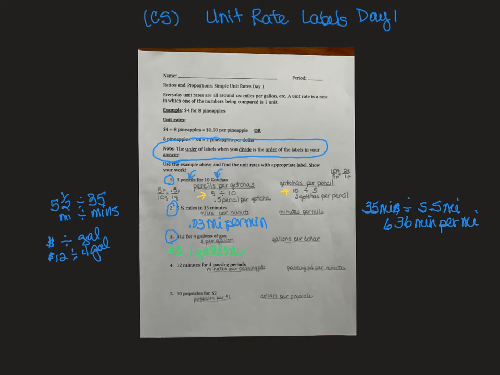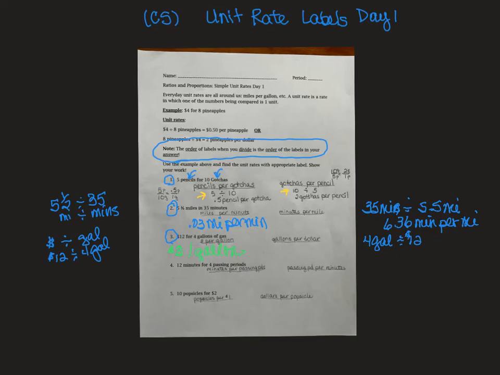If I want gallons per dollar, if I just have $1 and I'm going to the gas station and want to see what I can get, I'm going to divide gallons by dollars. So I'm going to divide 4 gallons divided by $12.